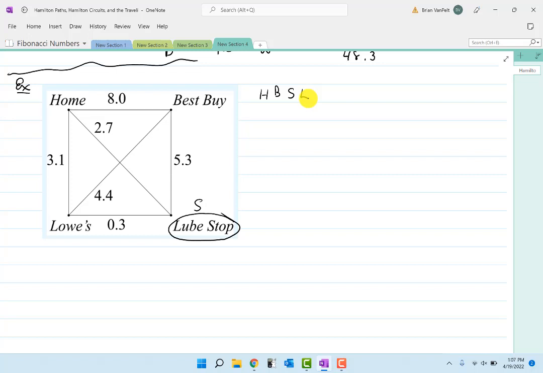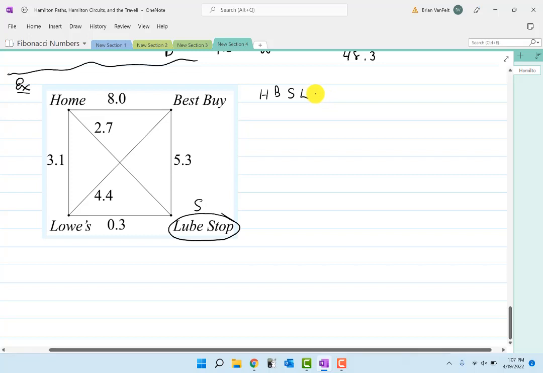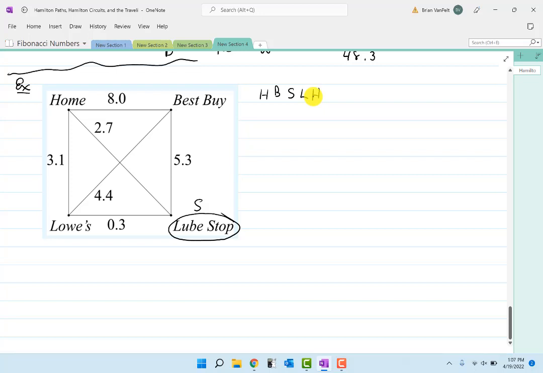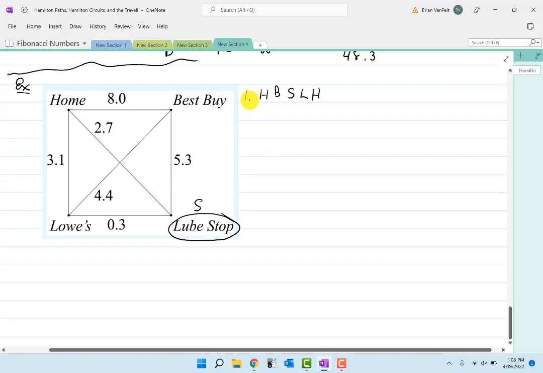If we're starting at home and ending at home, there's going to be 6 ways to arrange the 3 letters between the H's. So there's my first one. That went from H, B, S, L, back to H. So it just went around the square.